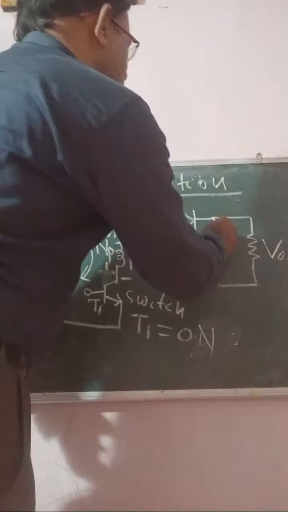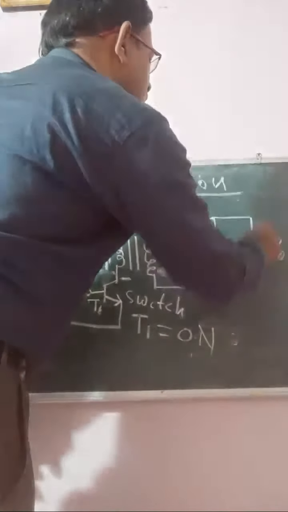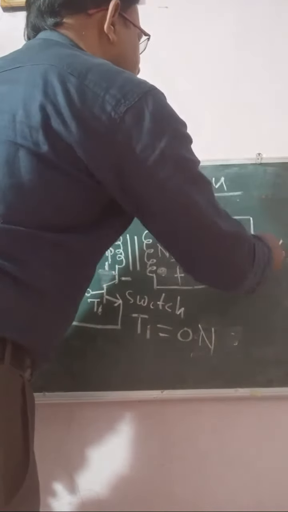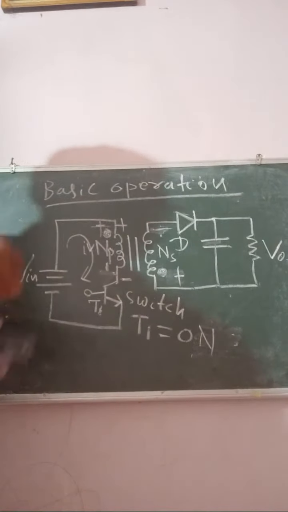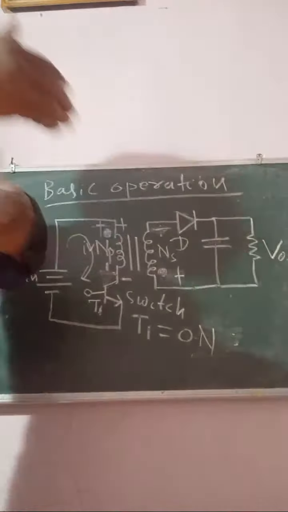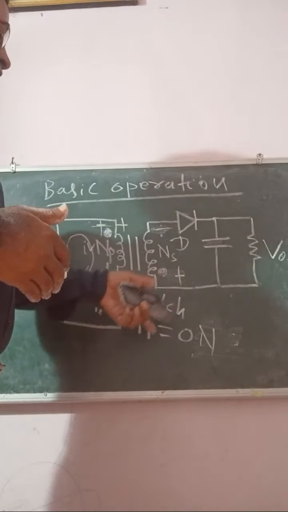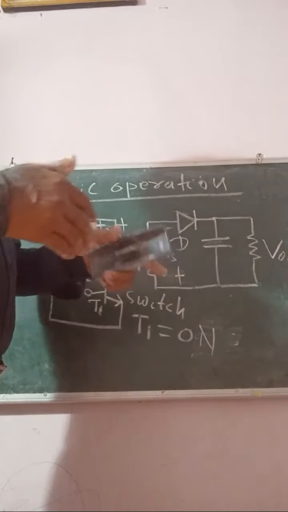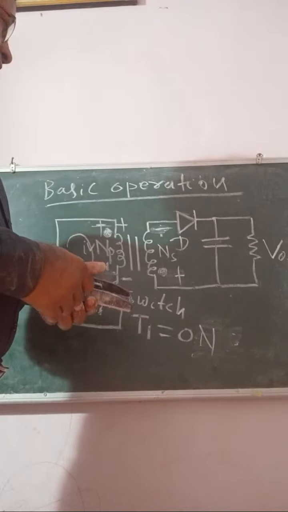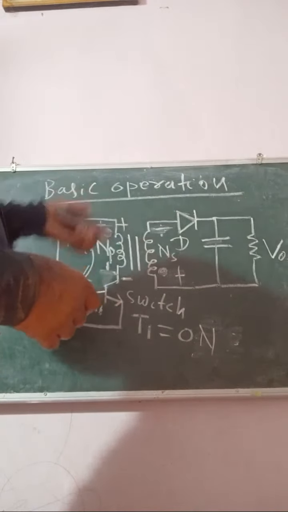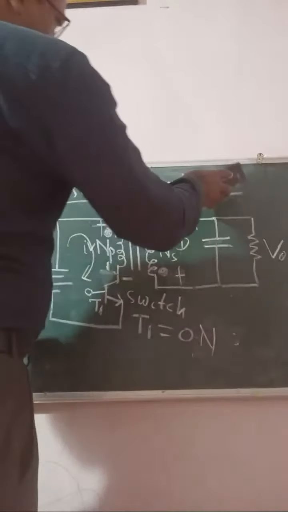Therefore, the capacitor starts discharging through the load, and we get a load current. This cycle of the switch turning off and on is repeated. So this is the basic operation of a flyback converter.